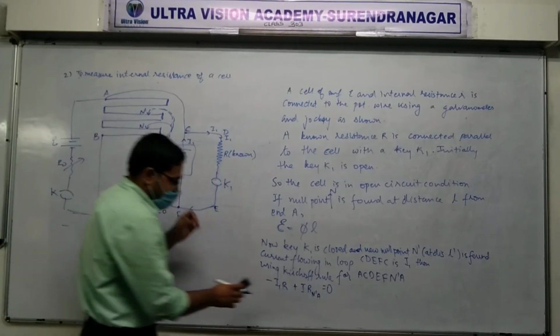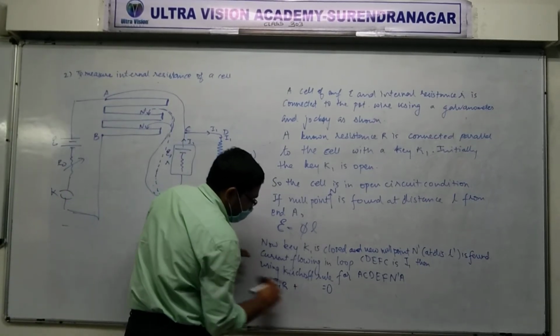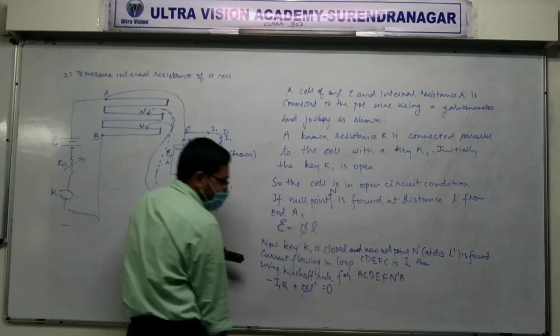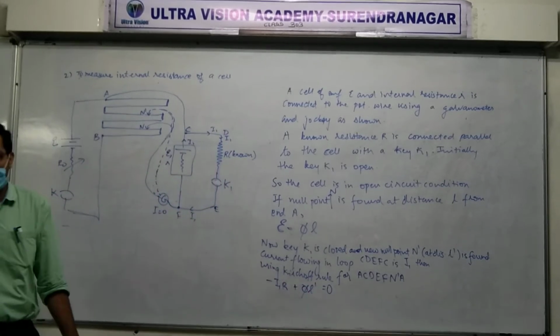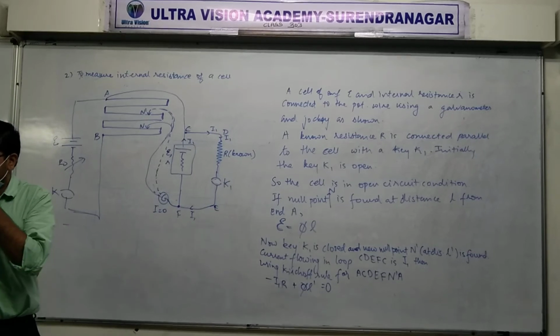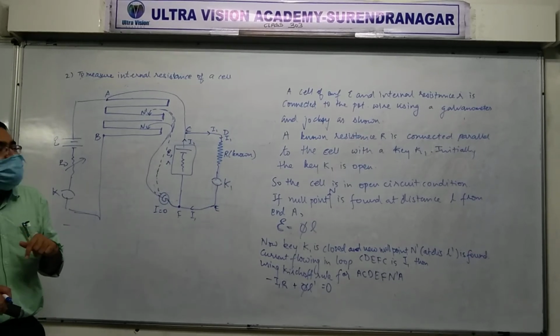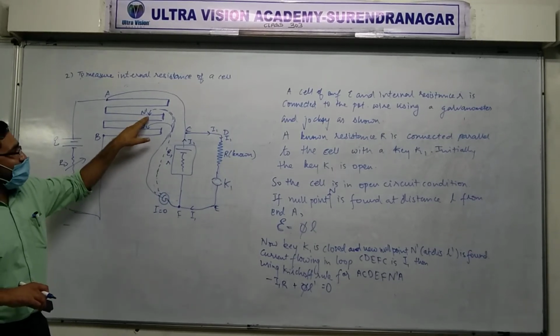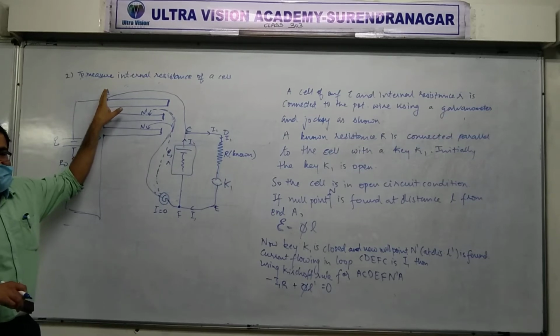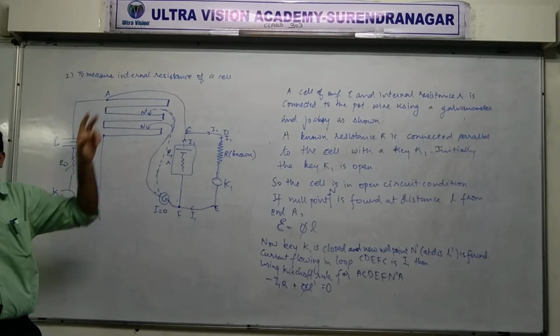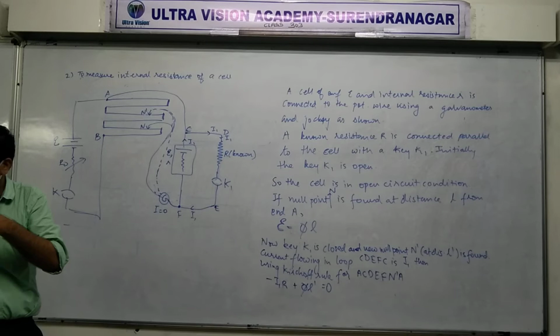In the book, directly it is written phi into L dash. Why? How much will be the voltage between N dash and A? Phi into L dash. Understood?